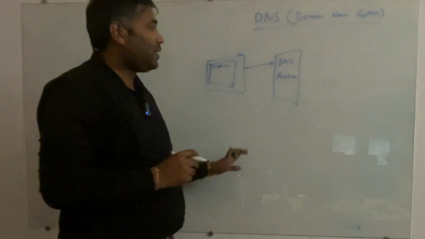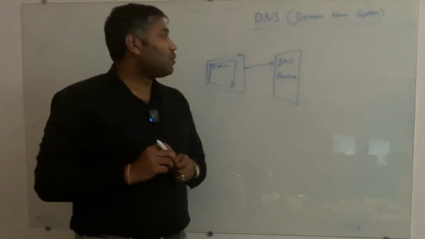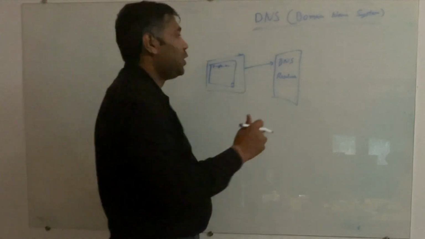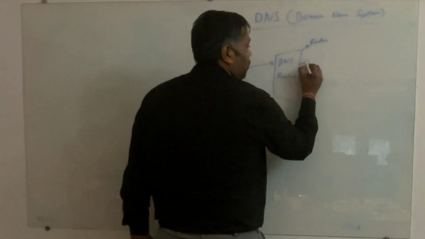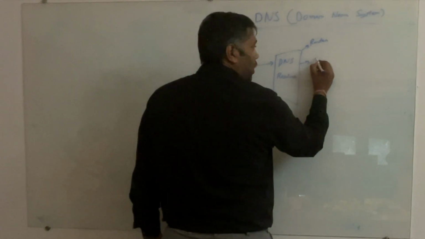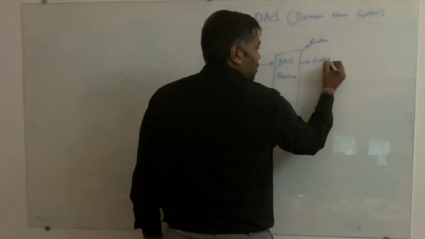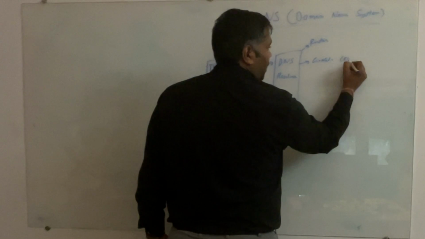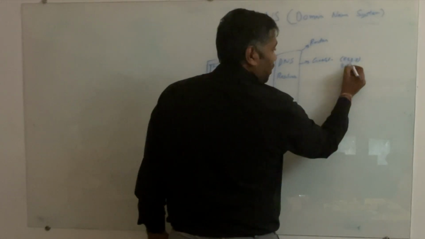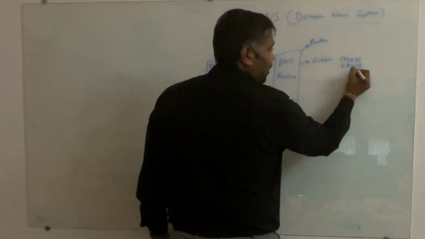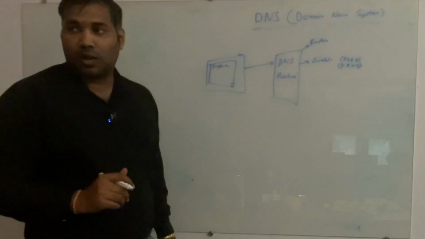So what does the DNS resolver do? A DNS resolver could be anything. It could be your router. It could be the Google DNS service, which is running on 8.8.8.8 or 8.8.4.4. One is the primary and the other is the secondary DNS IP to resolve any domain.